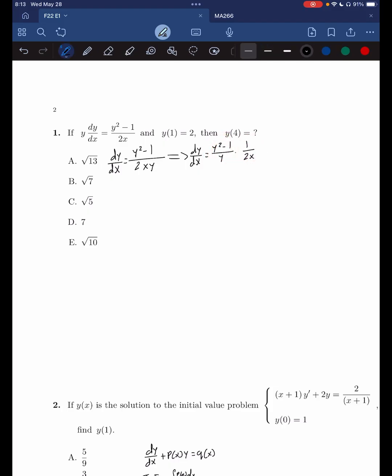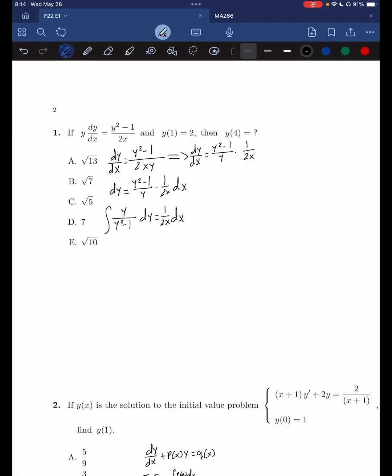So let me multiply the dx over. So I have dy is equal to y squared minus 1 over y times 1 over 2x dx. Then I'm going to divide this term over to the left side. So I get y over y squared minus 1 dy equals 1 over 2x dx.